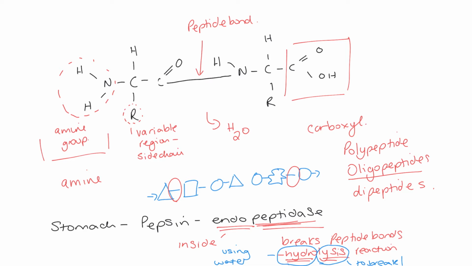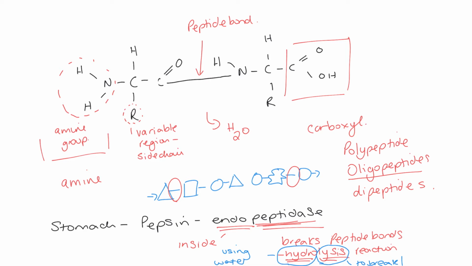And then once it's in the stomach, it's the hydrochloric acid that does that. And then the stomach lining is surrounded by a layer of mucus, and that thick mucus protects the actual epithelial cells of the stomach, or the lining cells of the stomach, from the activity of the pepsin enzyme.